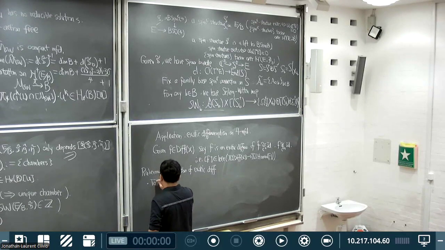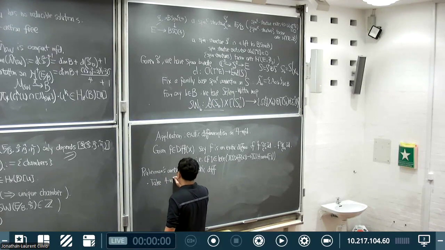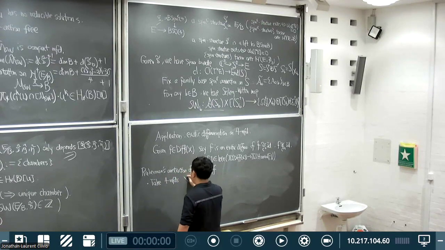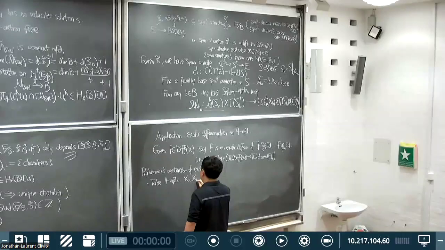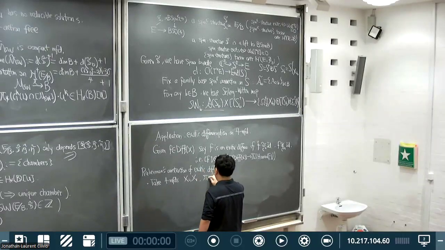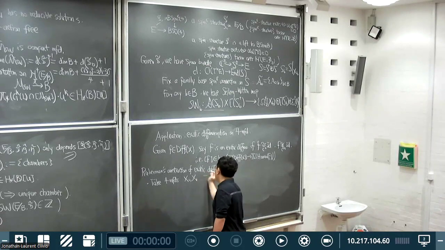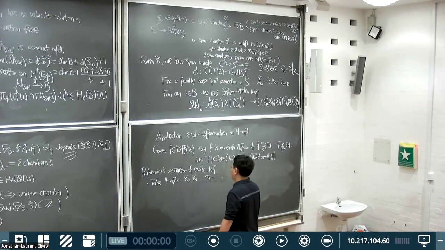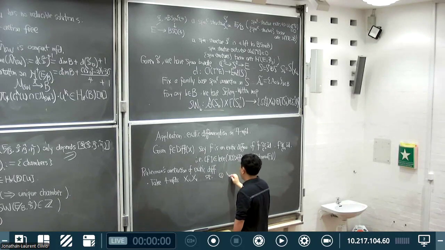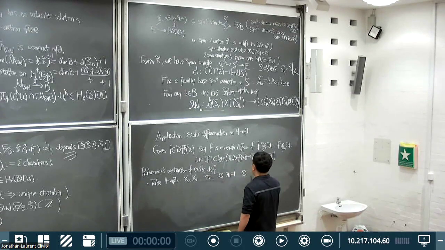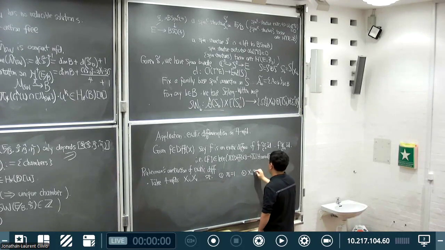So we take four-manifolds X0, X1, and let me just list the conditions we want. First, simply connected, of course. Second, X0 should be homeomorphic to X1.